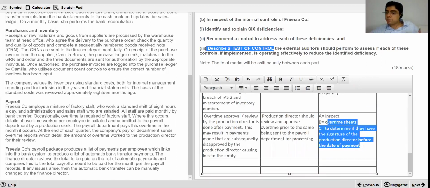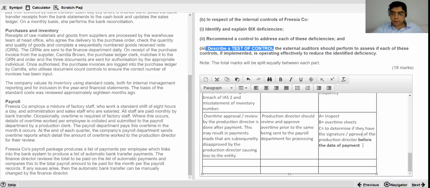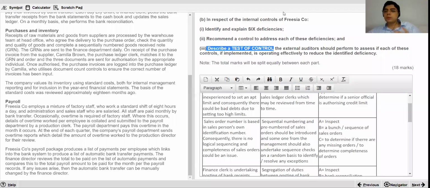If they have the signature or approval of the production director before the date of the payment. So that's how you will be attempting this question. Now, again, 18 marks. No one is asking you to get 18 out of 18. But I think 9 or 10 marks should be doable, shouldn't sound too difficult. But the approach has to be robust like the one that I've taught you.